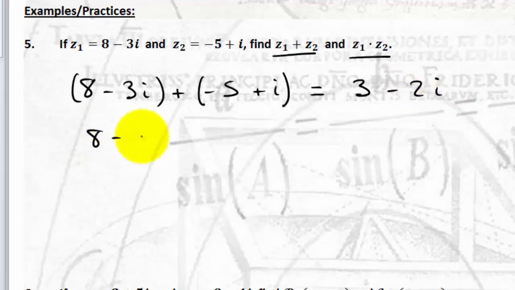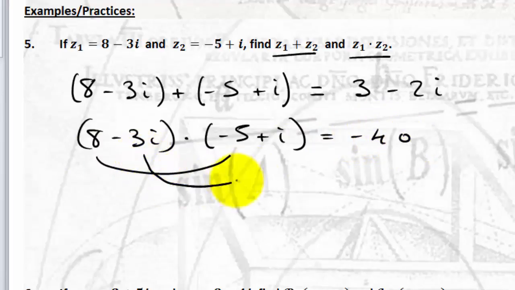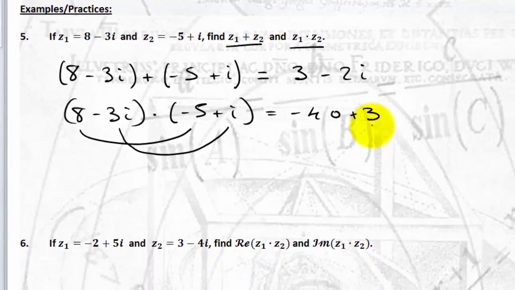Let's now multiply them. 8 minus 3i, now I have to put the parentheses, times negative 5 plus i. So I have negative 40, and let me grab the other real part. So I have right here negative 3i squared. Negative 3i squared is plus 3, right? i squared is negative 1, so it's plus 3.